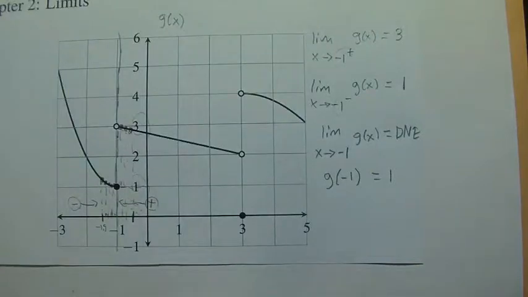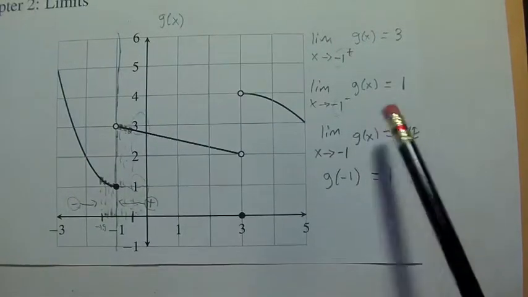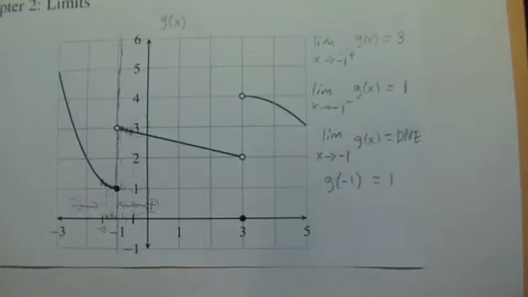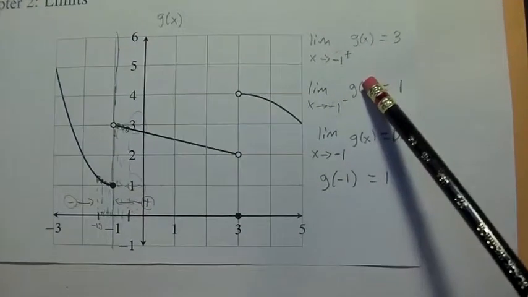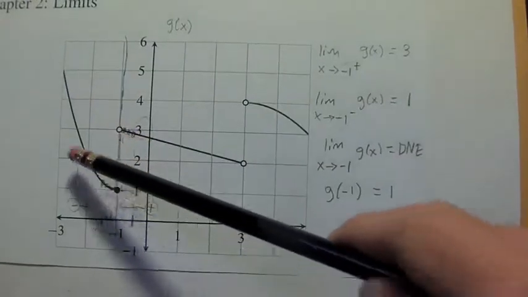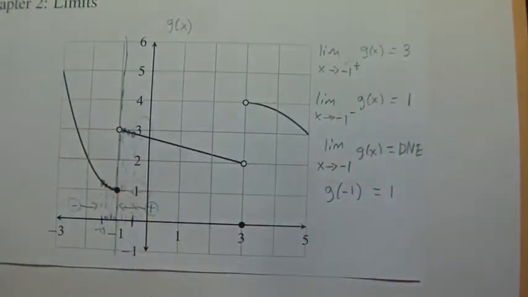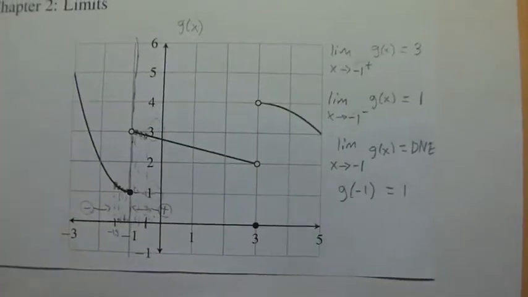So one thing I want to say is that the limit does not exist, so the limit and the function value don't match. But the function value does match the limit from the left, and that's because we have the closed dot on that portion of the graph. Fair enough?